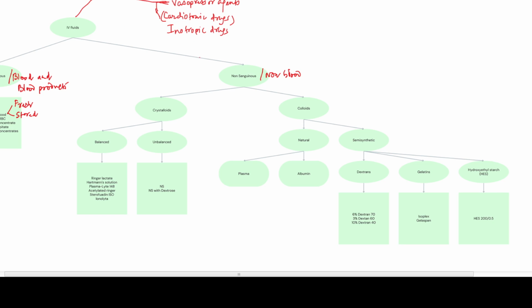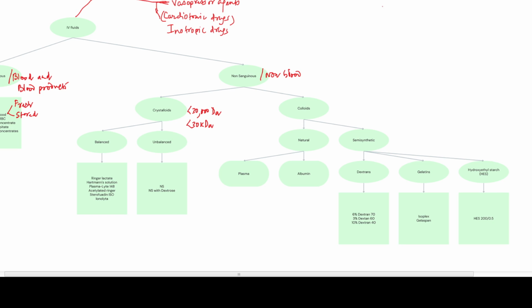All right. The non-sanguineous ones, we classify them as crystalloids and colloids. So the operating definition for crystalloids would be any product that's less than 30,000 daltons. Okay? So that's 30 kilodaltons. Okay? So crystalloids are basically salt solutions.